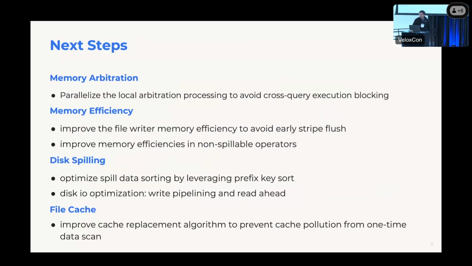But this can cause some cross-query execution blocking, because in the production scheduling environment, we see there are almost no global memory arbitrations, but there are many local memory arbitrations. If you do one arbitration at a time, then when one query does local memory arbitration, it will block the other queries' memory arbitration processing, and this causes small queries to get blocked by a long-running memory arbitration for too long.